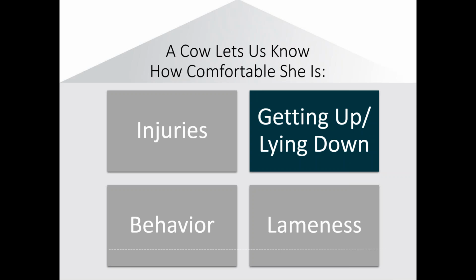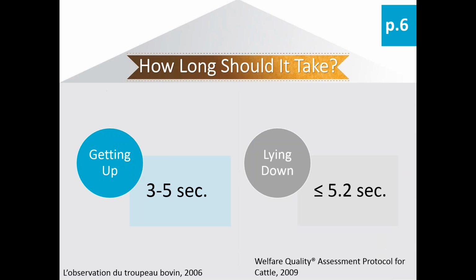And again, if you really watch cows, it becomes easier to start to identify when cows aren't getting up and down properly. One of the most simple ways that we can do is simply just time how long it takes cows to get up and down. There's some evidence from the scientific literature and some of the programs out there that cows only need a very short period of time to either stand up or lie down.